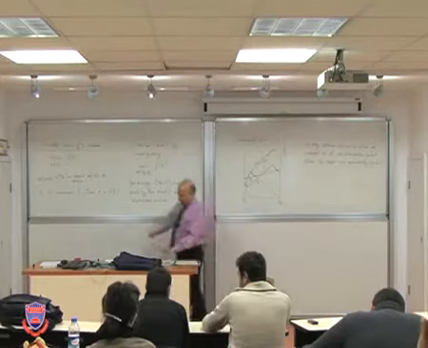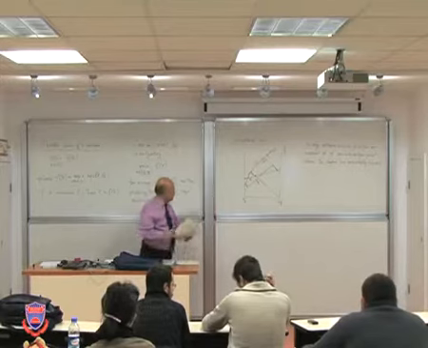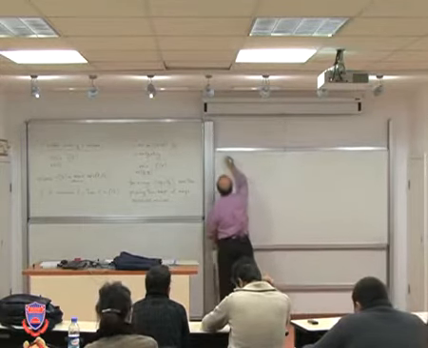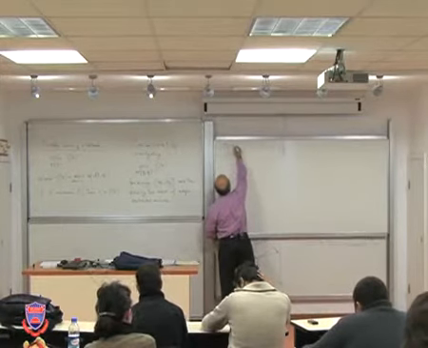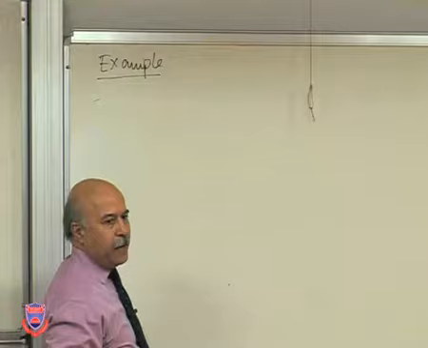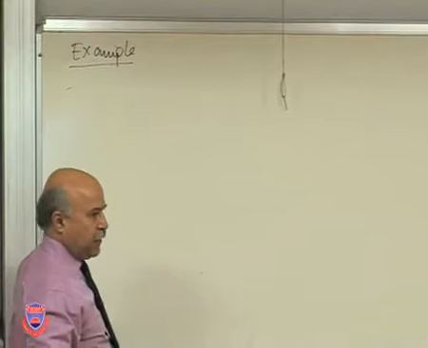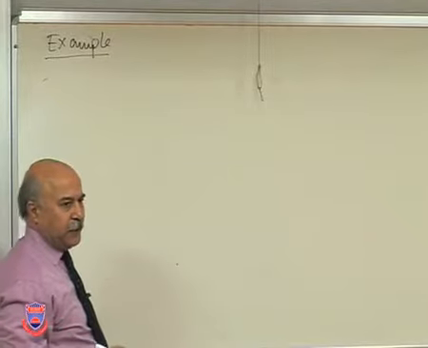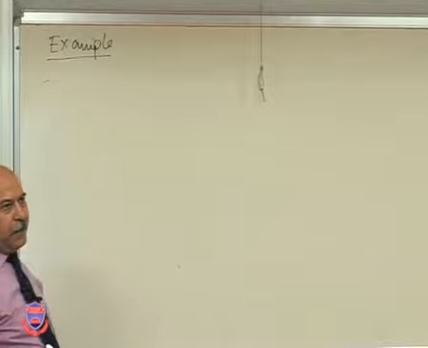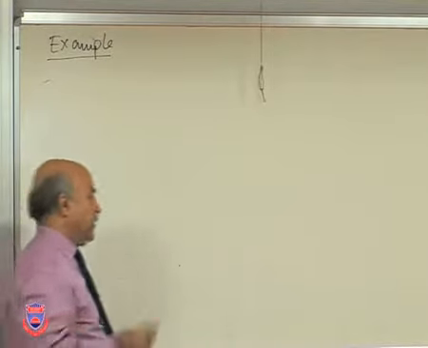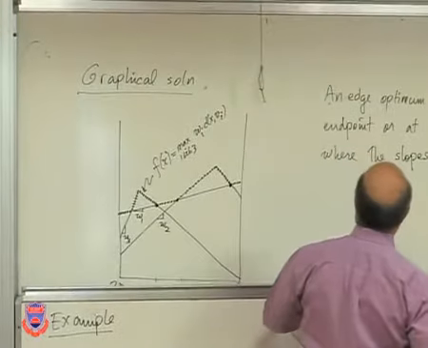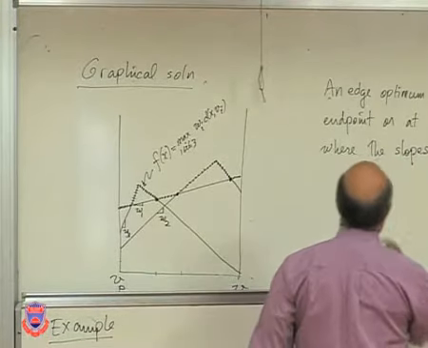Let me give you an example here. Oppositely signed means the sign in one direction is the opposite of the other one. Where the slopes are oppositely signed.